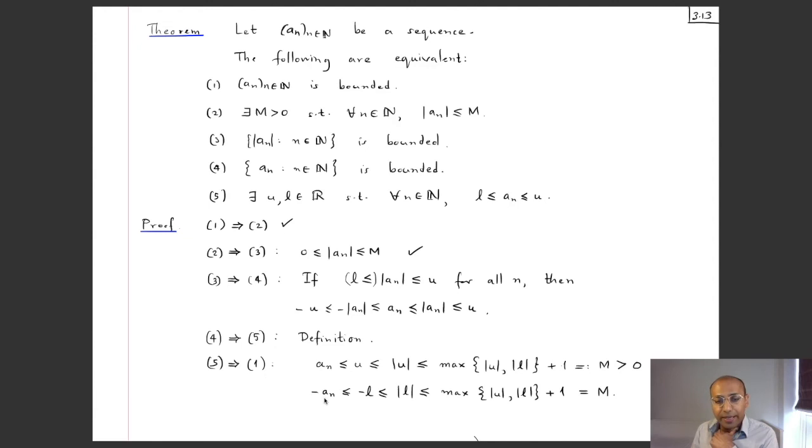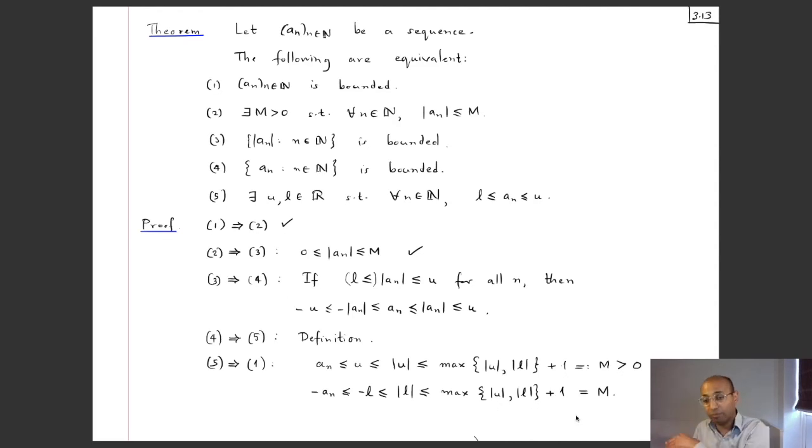Similarly, minus a_n: because of this, you see that l is less than or equal to a_n. So that can be rearranged to say minus a_n is less than or equal to minus l. Minus l is less than or equal to mod l, which is again less than or equal to the maximum of mod u and mod l.